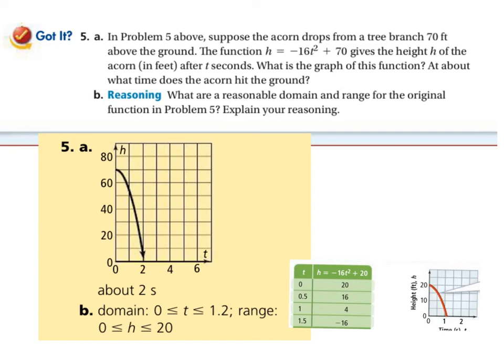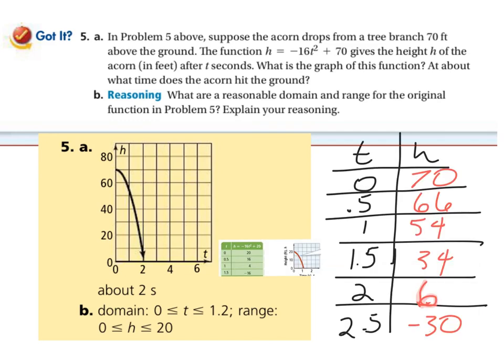So again, plugging in your points here. Looking at the original, instead we're going to be at plus 60, or plus 70, I'm sorry. So it's going to alter each of these just slightly. And what they'll look like then, let's give a table here. So I went ahead and calculated the table of values here. And again, if you need help with that, please do see me.